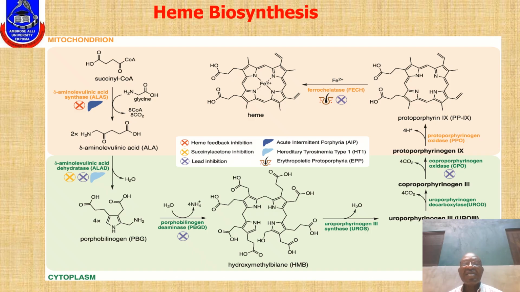Now, this is an overview of heme synthesis. As I mentioned earlier, heme synthesis starts from glycine and succinyl-CoA through a series of 8 enzymatic reactions. The pathway occurs partly in the mitochondria and partly in the cytoplasm.